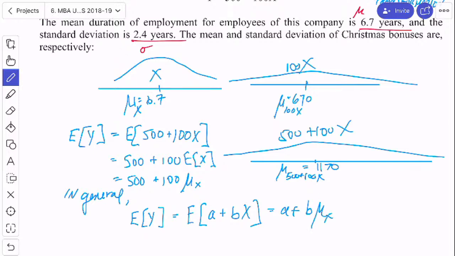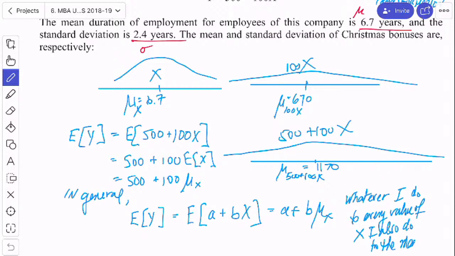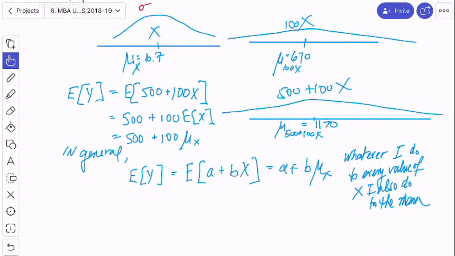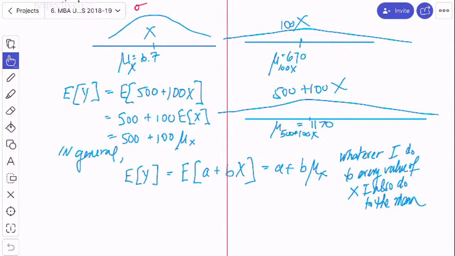Whatever I do to every value of X, I also do to the mean. All right, so how does this affect the standard deviation?